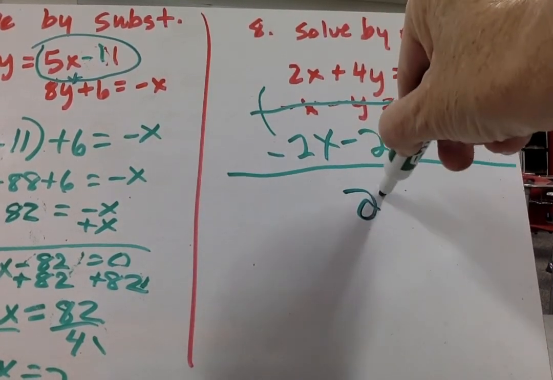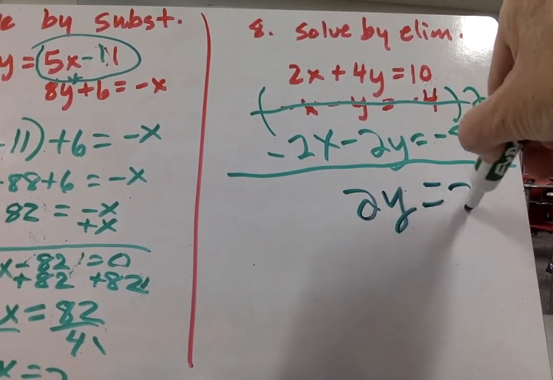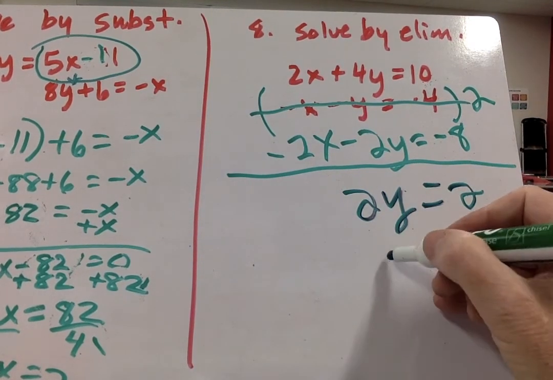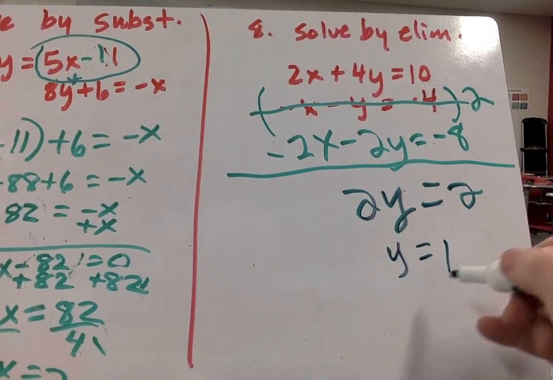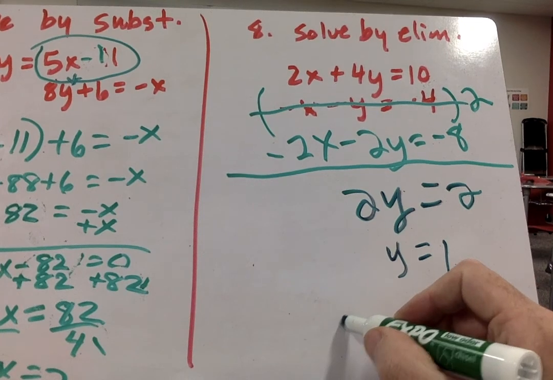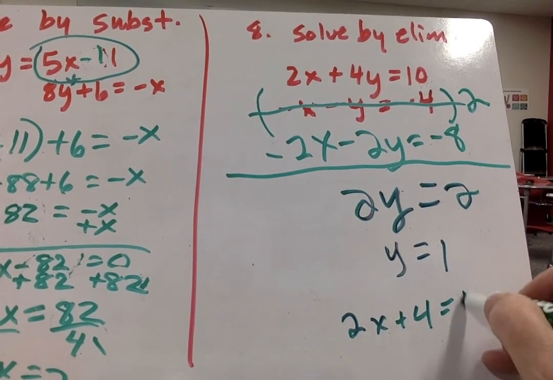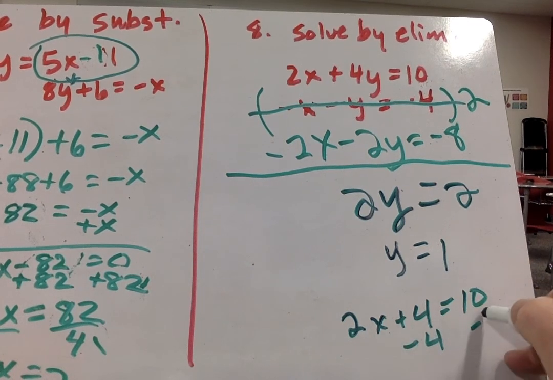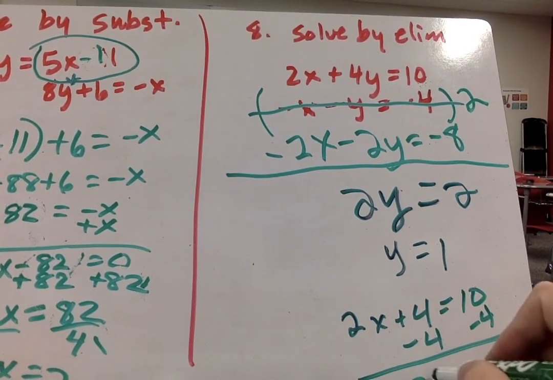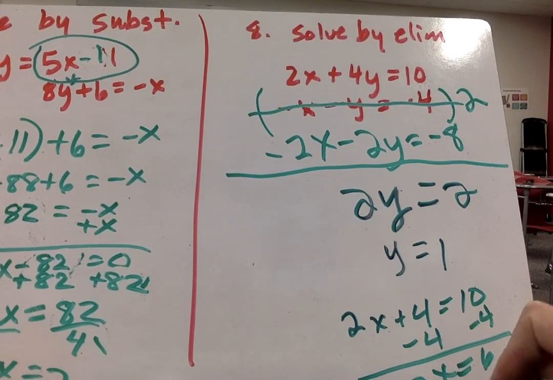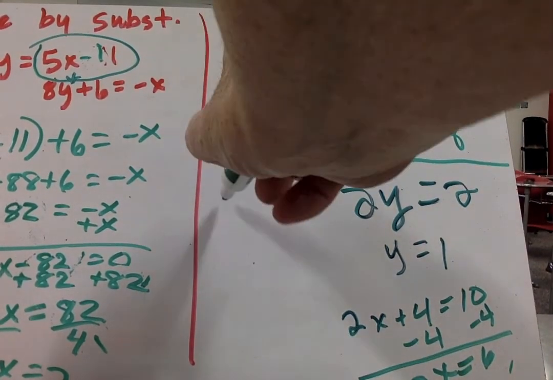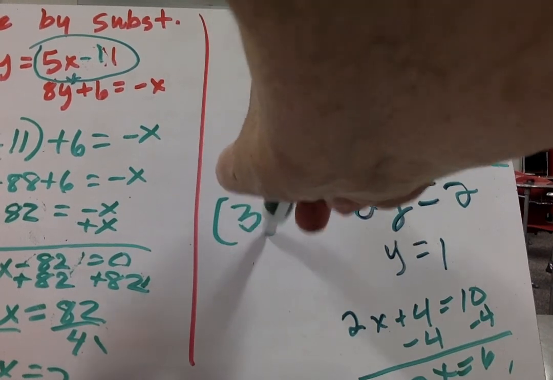So I get 2y equals 2. So y equals 1. If I put that back in, 2x plus 4 equals 10. 2x equals 6. X equals 3. So our solution here will be 3, comma 2.